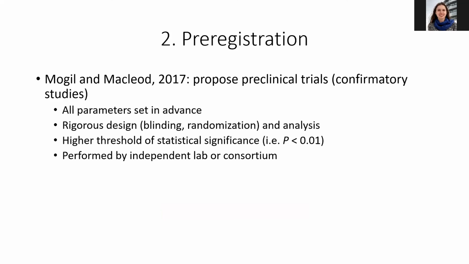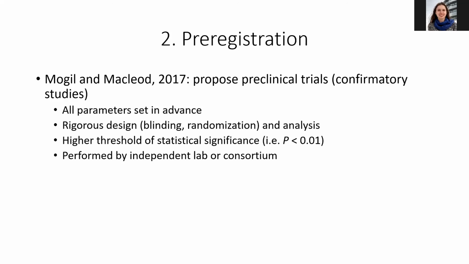Following this line, but adding some new elements, some researchers proposed that exploratory studies involving animal research of disease therapies should be followed by a large, independent, confirmatory study, in which all parameters will be set in advance, like the hypothesis, all the protocols, the steps.